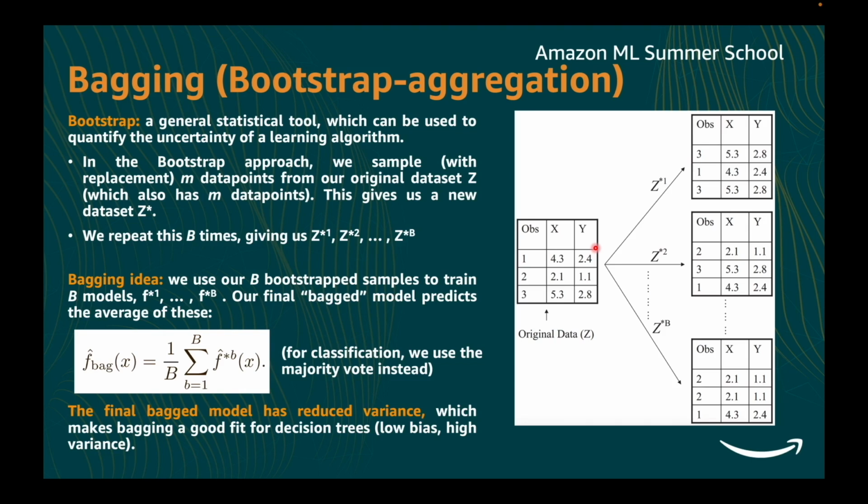You resample your data set, meaning for each data point you uniformly pick it with replacement, and you create a new data set which has again m data points. With replacement means that some of the data points might be repeated. So if you see over here, this is our original data set Z, and my Z star 1 is my new data set, where the first row and the third row are just repeats.